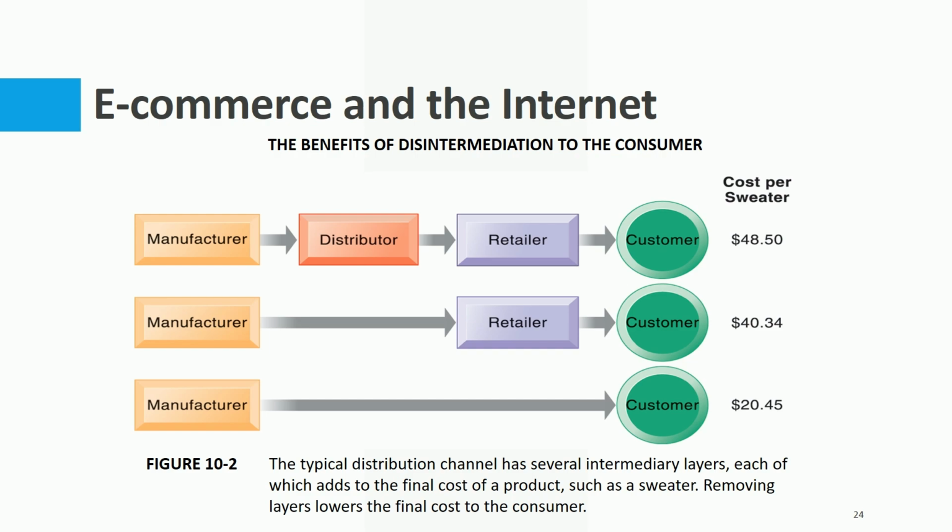As you can see here, from manufacturers to customers, there are distributors and retailers. But day by day, if the manufacturers can reach the customers directly, as you can see here, the cost will be reduced.